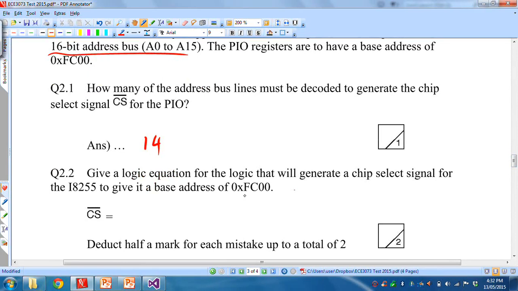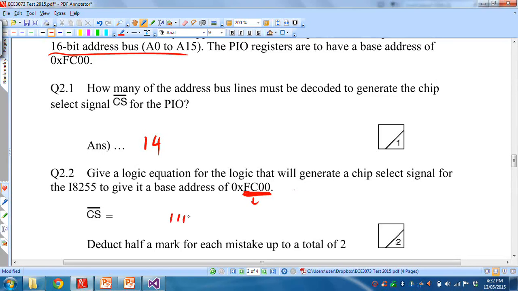Well, you want to create this base address. So basically all this question is asking is how do I generate this function using digital logic? So how do I generate a C with, what is this? Ding ding, someone had a good idea.